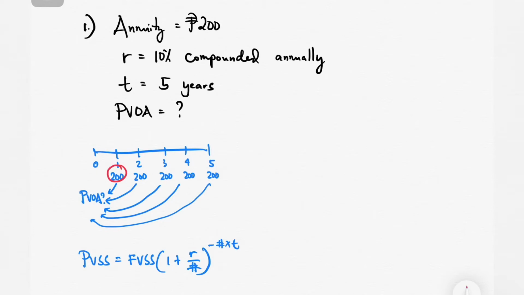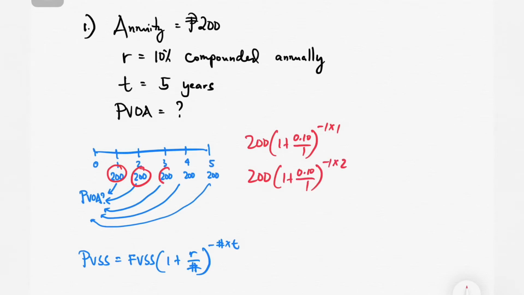Now let's compute the present value of this one. So that's 200 times 1 plus rate. Rate is 10%. Number of compounding periods 1. Raised to negative 1 times 1. And then let's have the second one. To return that to time 0, you get 200. Then let's have the third one. And then the fourth.